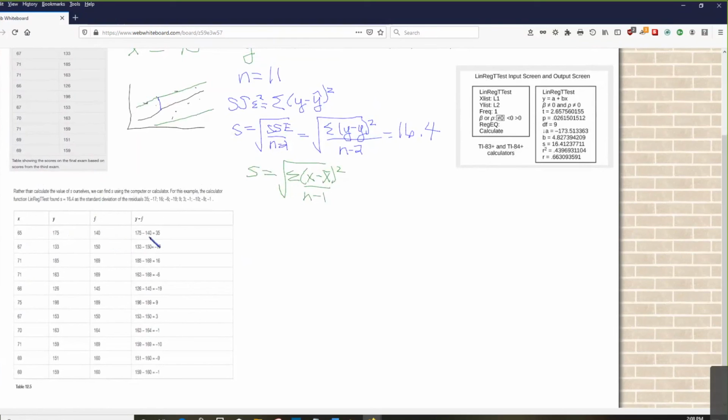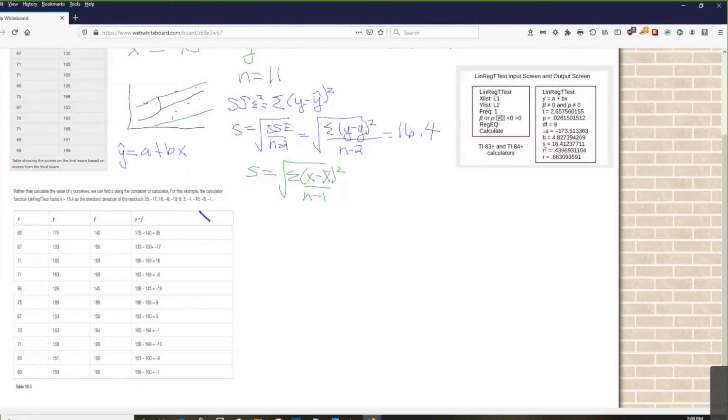It plugs that in for Y, and then it took the differences of those two Y's and gave us the differences. So any questions on how any of this data was calculated? Okay, and remember your Y equation is just your A plus BX that we solved earlier.